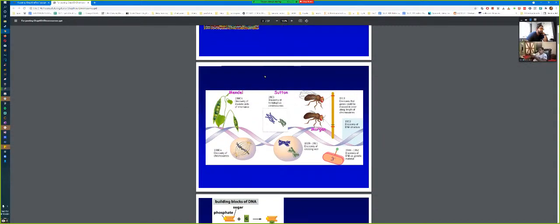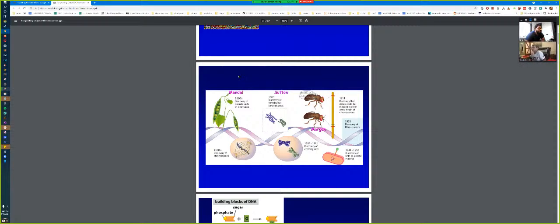So, okay, this is pretty cool. This talks about the major discoveries in this, because Mendel was the first person who essentially discovered how inheritance works. Later on, they discovered chromosomes.